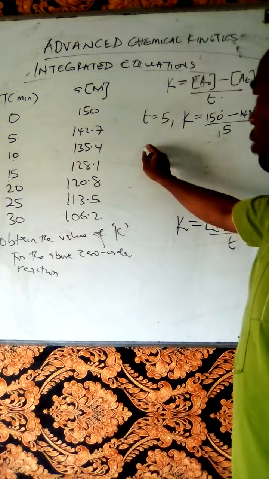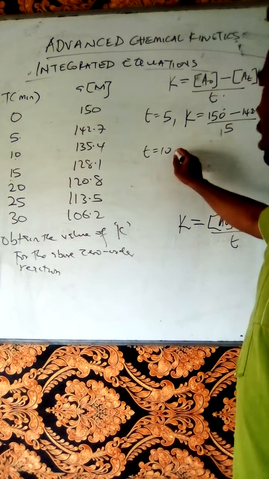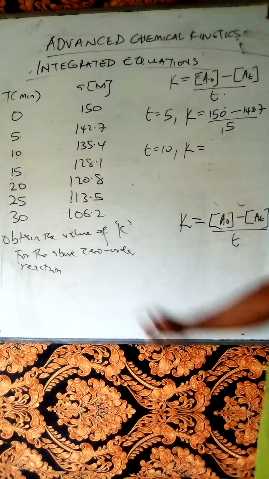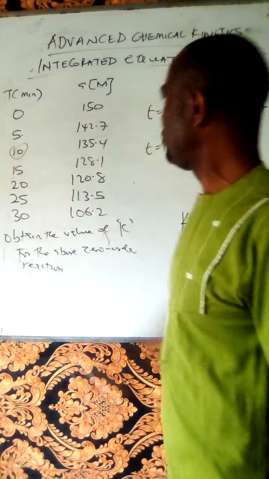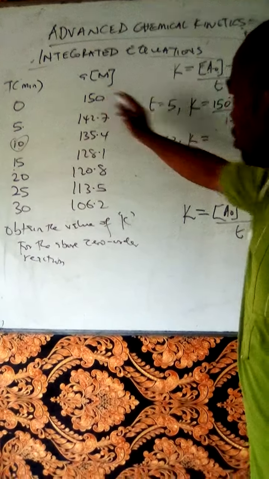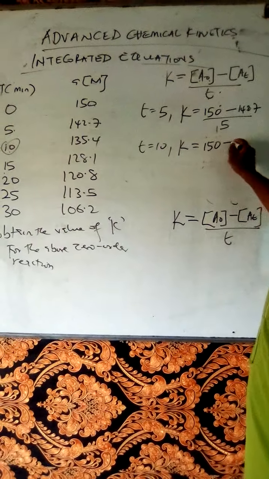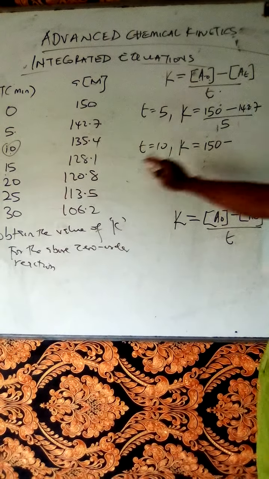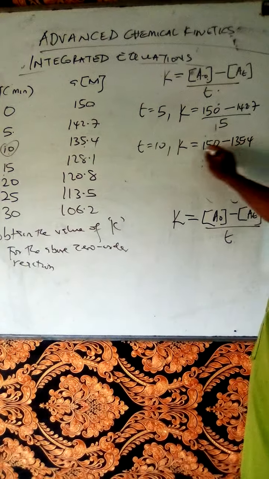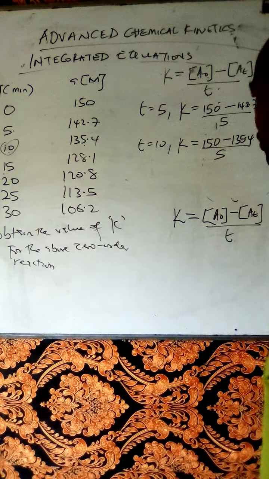Repeat for the second one when the time is 10 minutes. How do we get our k? The initial concentration remains constant at 150, and the concentration at time 10 minutes is 135.4, over 10.